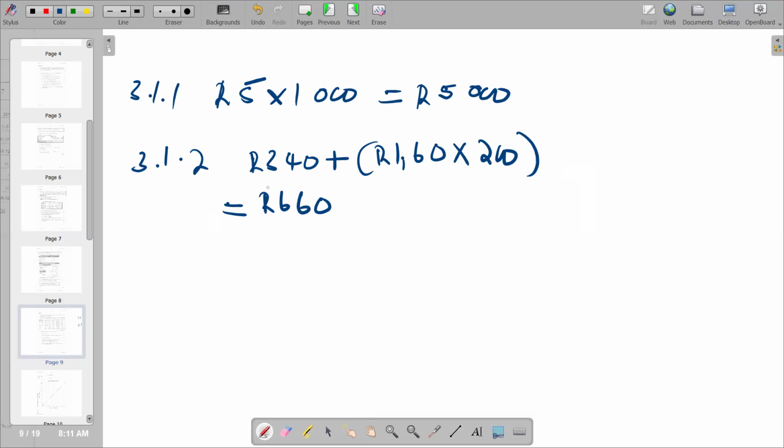And then you're going to get your answer as 660 rands. So that becomes your final answer. Then move on to the next question, 3.1.3.